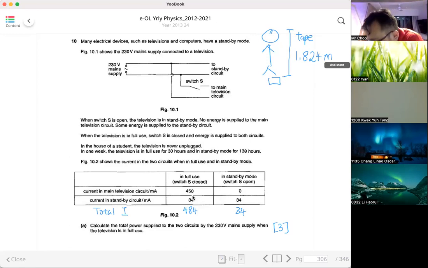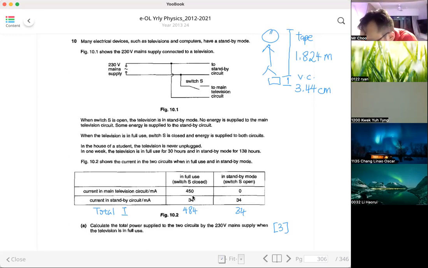Is that clear? Then your shoe, you use a vernier caliper, and you may be able to get 3.44 cm. Is that clear? So now, what is the total height of this guy?